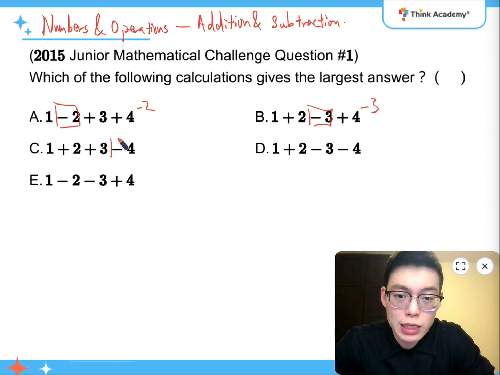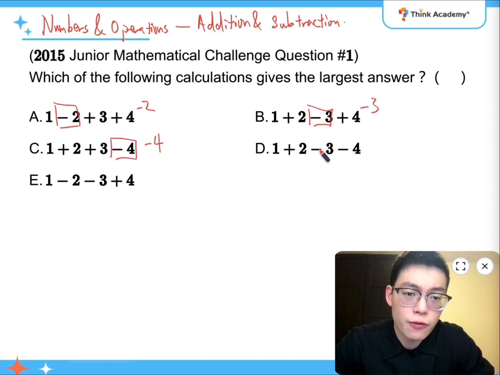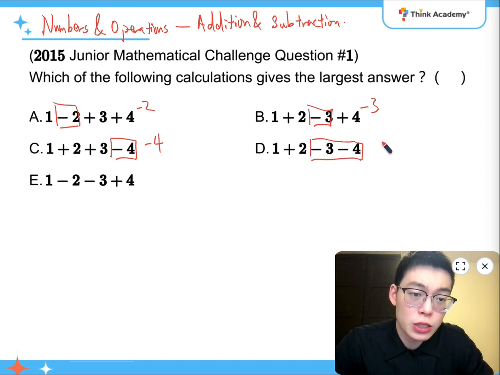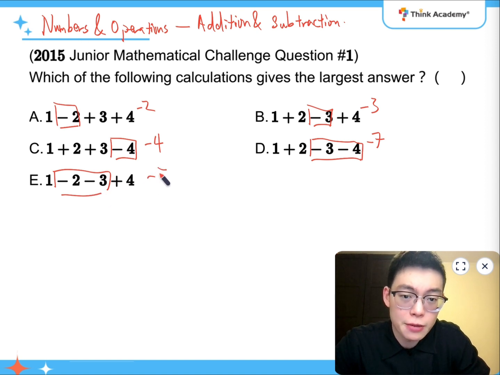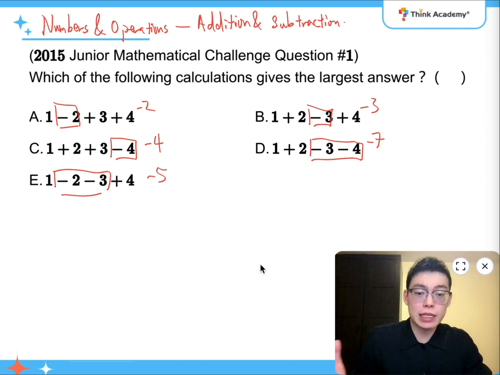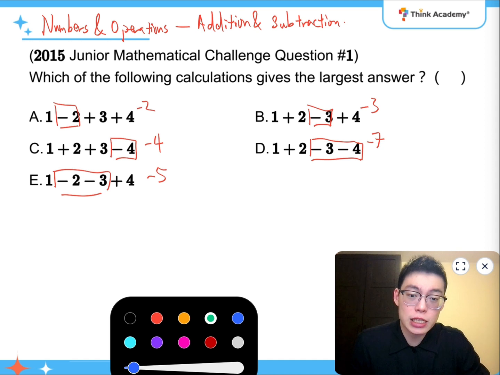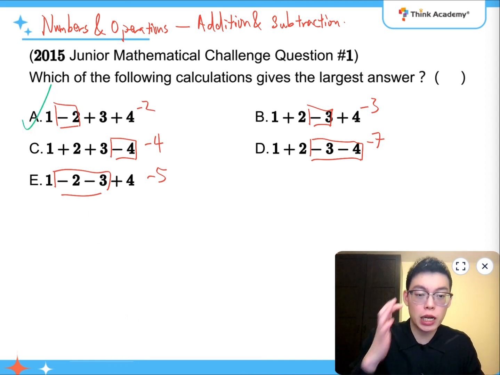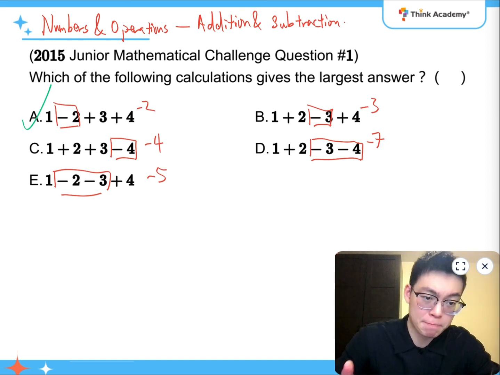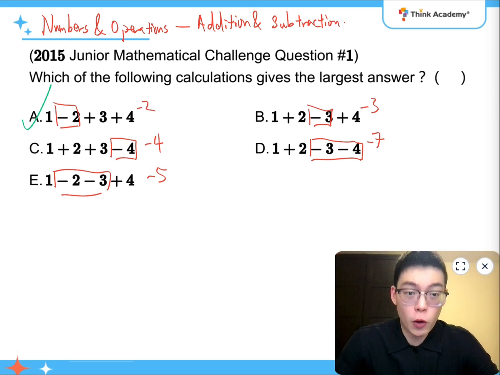The third one is taking away the 4. The fourth one is taking away 7 altogether. The fifth one taking away 5 altogether. So in the end, you can see that option A has got the least number taken away, which means that it is going to give you the largest answer. So that's it for question 1.